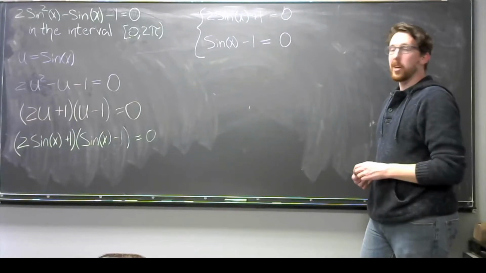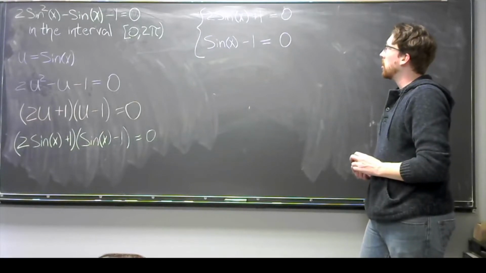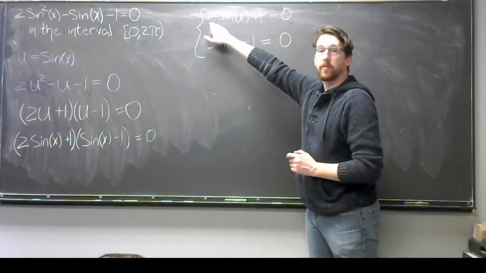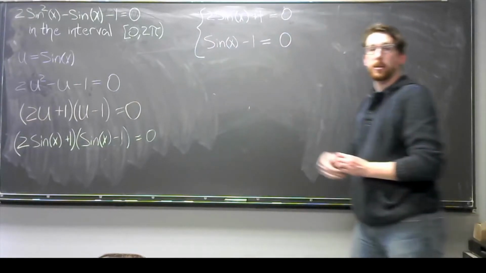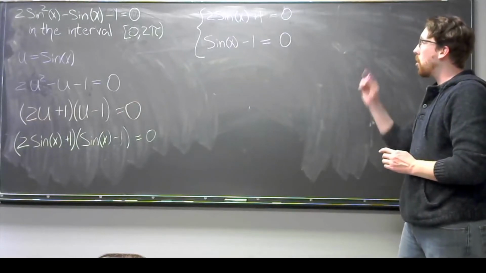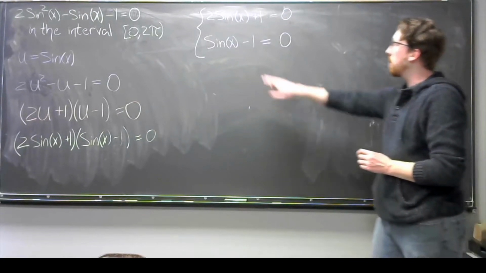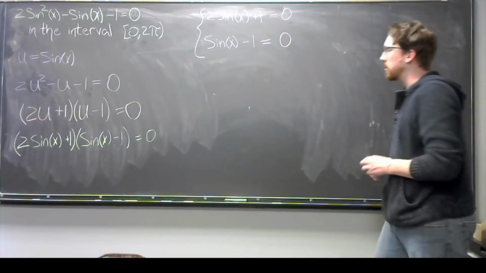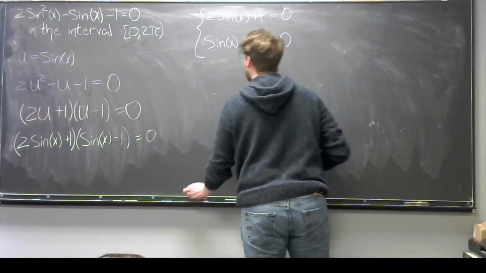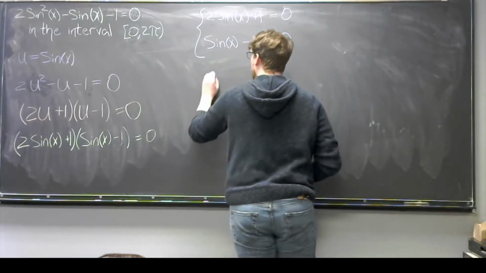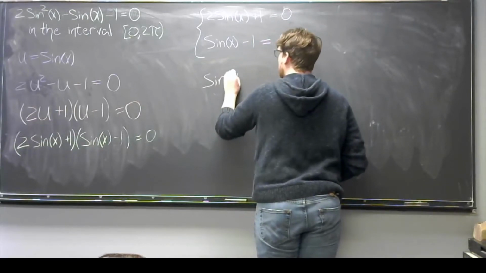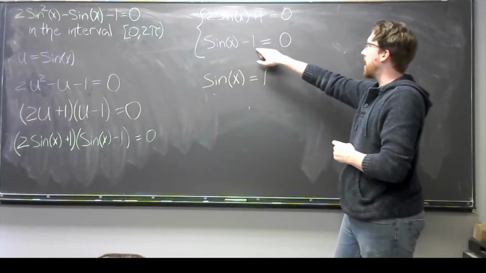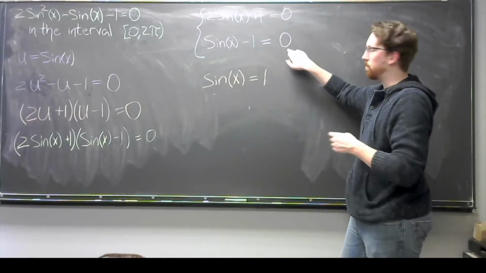Well, we know how to solve these. We're just going to subtract 1 from both sides and divide by 2 in this top case. And in this bottom case, we're just going to add 1 to both sides and solve it that way. So this bottom case is a lot easier. Let's start there. Sine x is equal to 1. Again, I just added 1 to both sides.